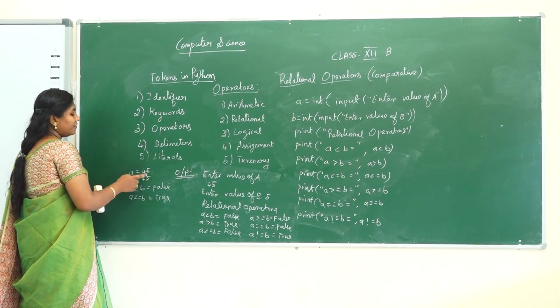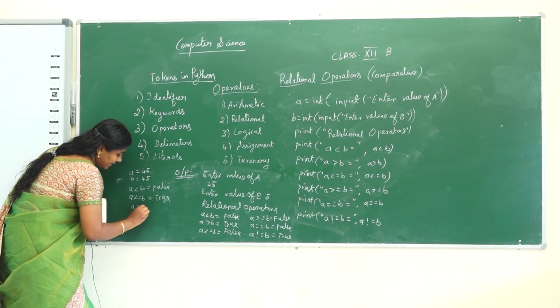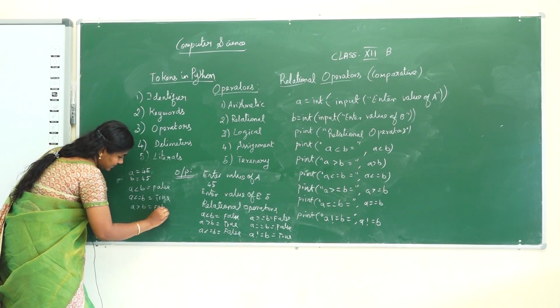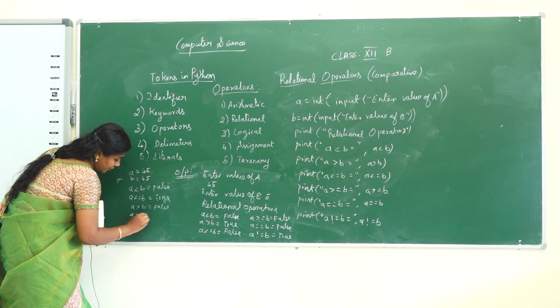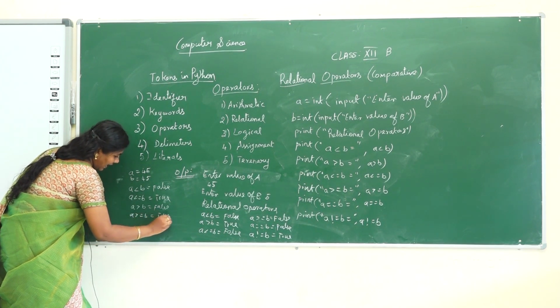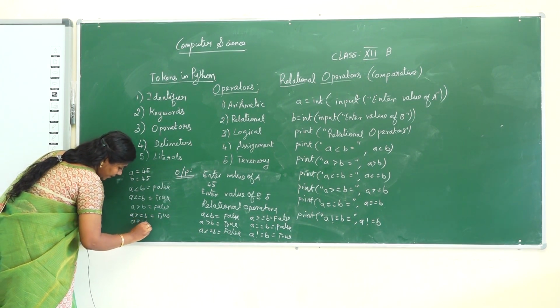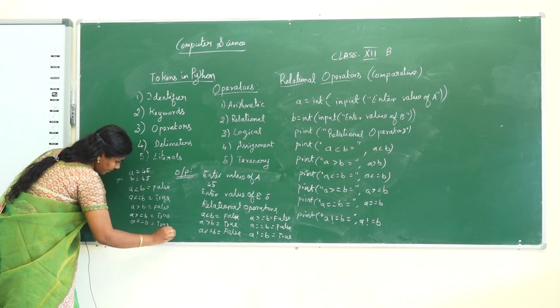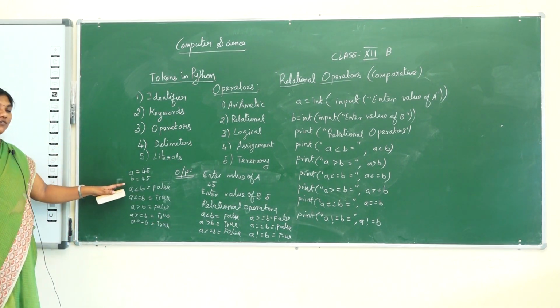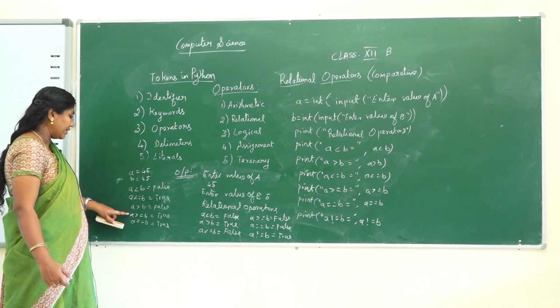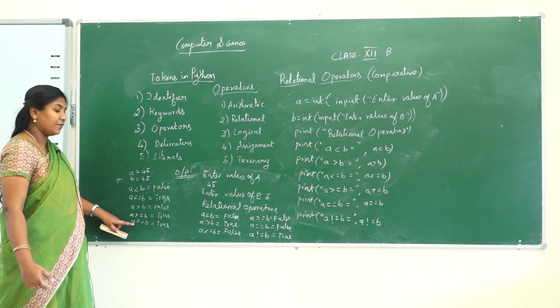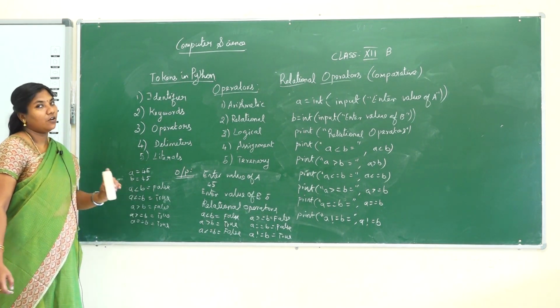In the same way, A greater than B will be false, and A greater than or equal to B will be true, and A equal to B will also be true. So if the two values are same, then less than or equal to, greater than or equal to will be true, and all others will be false.